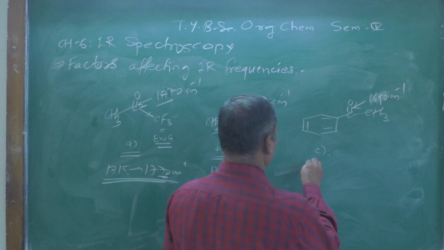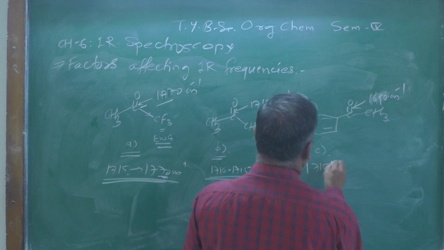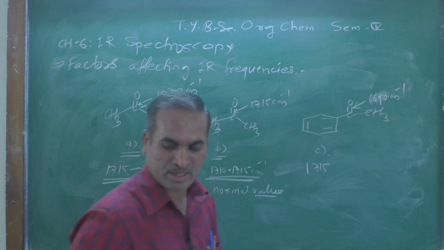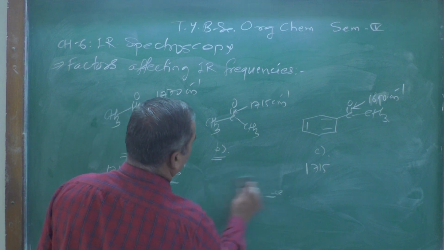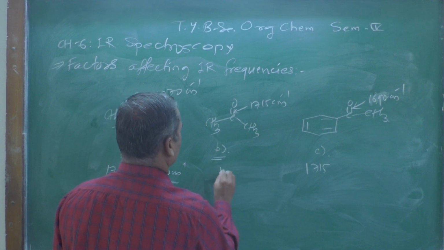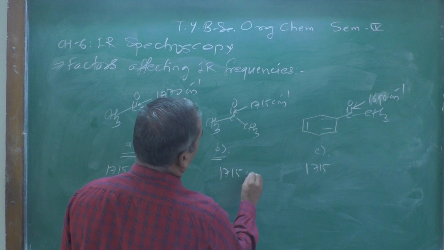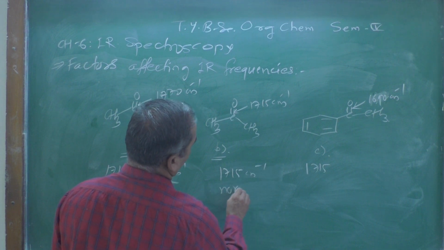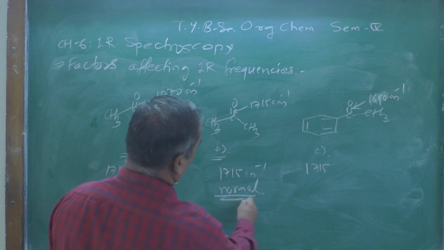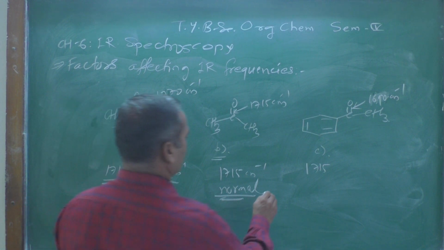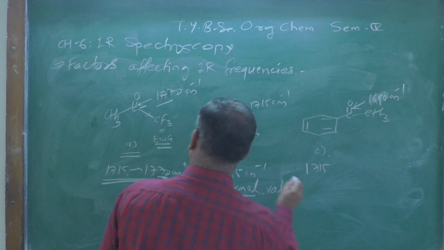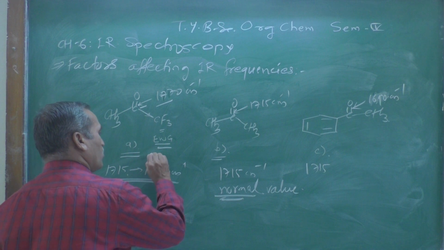The normal value observed is 1715 per centimeter. Here just remember the normal value: 1715 per centimeter is the normal value of that carbonyl compound, but here it is slightly increased. Why?